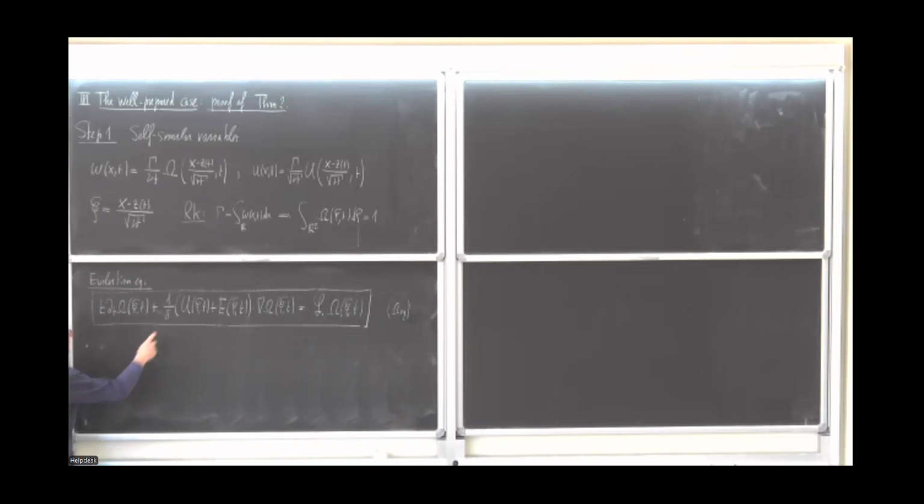What is U? Capital U is just the Biot-Savart law applied to capital omega. I do this change of variable in a scaling invariant way. The Biot-Savart law is completely unchanged. It doesn't get any factor in time or whatever. It's still the same operation. So this is very convenient, of course.